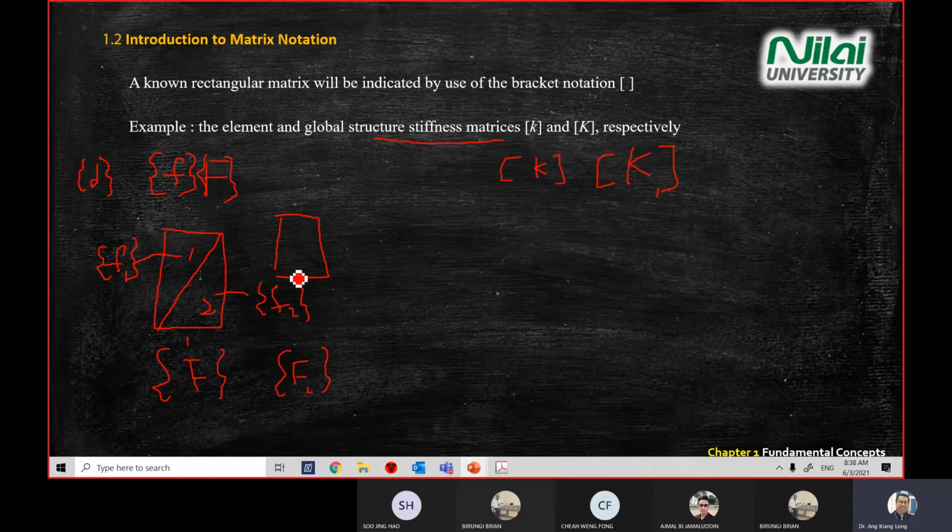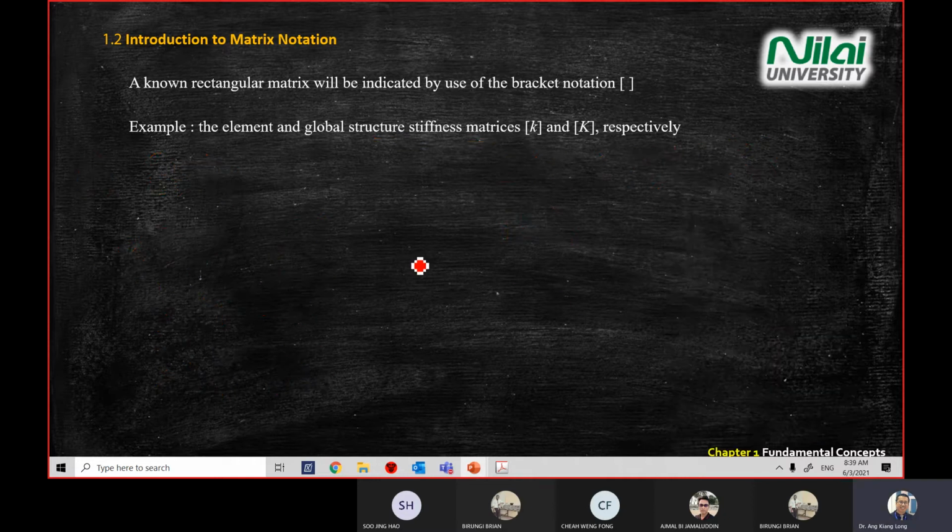If you write 2, it means the second structure, so you write capital K2. If you write small k2, it means something else: you are looking at this individual element. So be careful how you write. For this module it is very easy to score marks, and also very easy to lose marks if you are not careful.